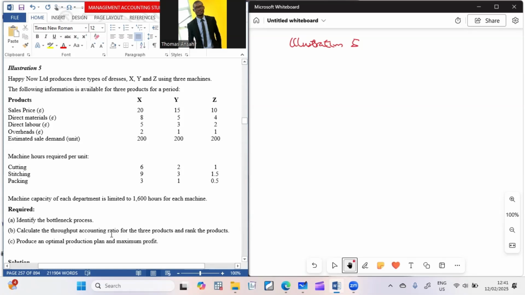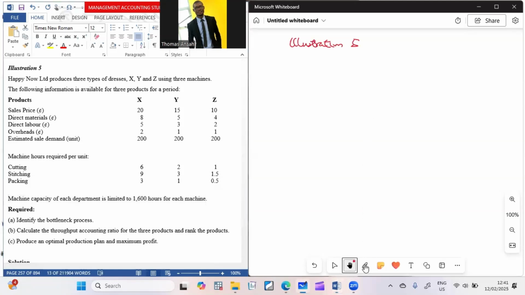That's always our first step, the bottleneck process. In this case, you don't know which machine the bottleneck is. We know that the machine capacity for each department is 1,600 hours. So we want to see which one would be the bottleneck, because the departments are cutting, stitching, and packing.